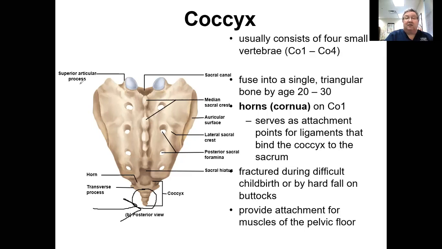The coccyx is a very important area for muscle attachments for the lower extremity. So the coccyx you will definitely need to know. It's separate from the sacrum, but it's on the bottom of it.